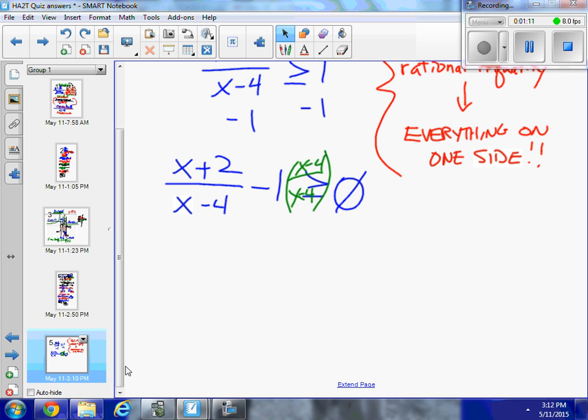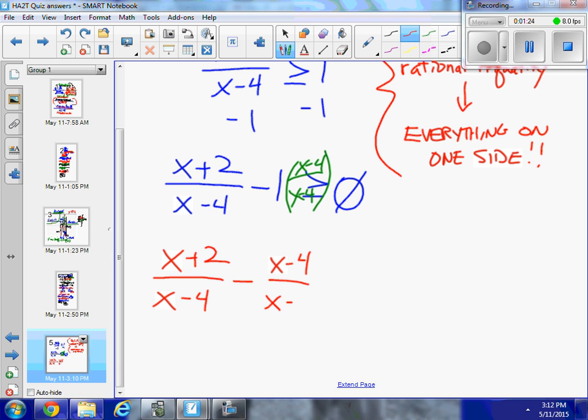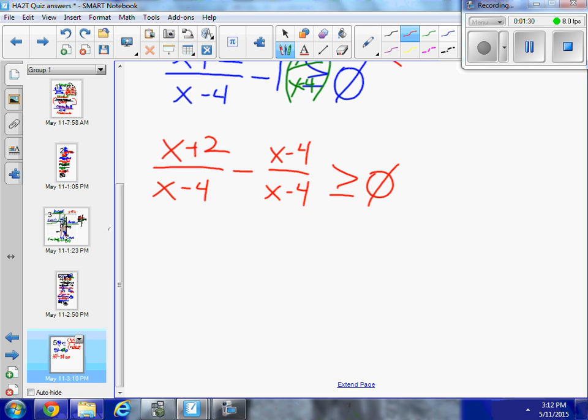So I end up getting (x + 2)/(x - 4) minus (x - 4)/(x - 4) greater than or equal to 0. I did that because I need the common denominator.